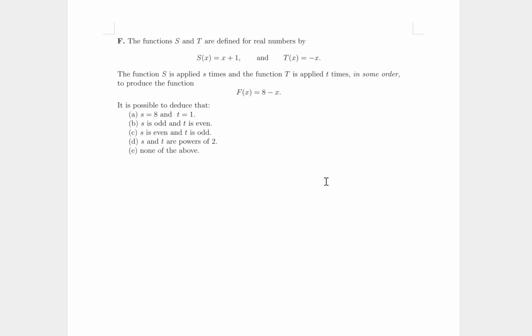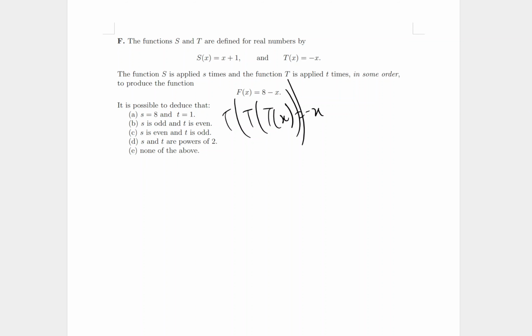Okay, so let's have a think about this. There are actually a couple of silly answers here. For example, let's say we start with t(x), which is minus x, and let's say I apply t 2 more times, then it's still minus x. It doesn't change.